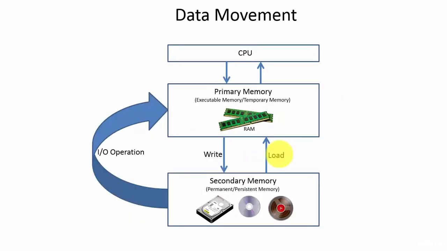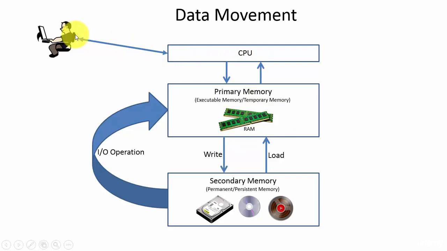Now, if you see the big picture of how the data is moving, as soon as the user requests data, the data from the secondary memory, which is stored in your storage devices, is read into the primary memory, and then all the necessary operations are performed, and then the data is returned to the user.